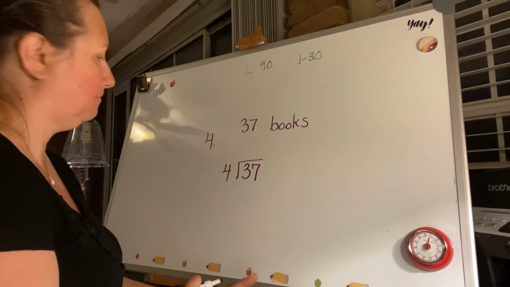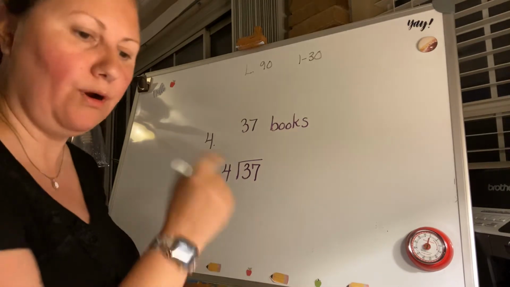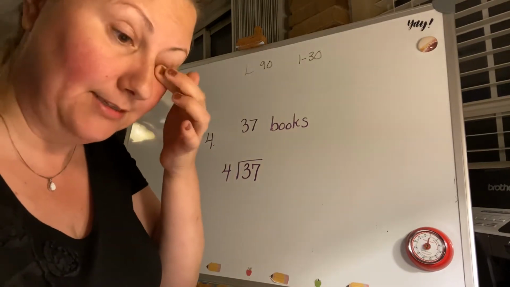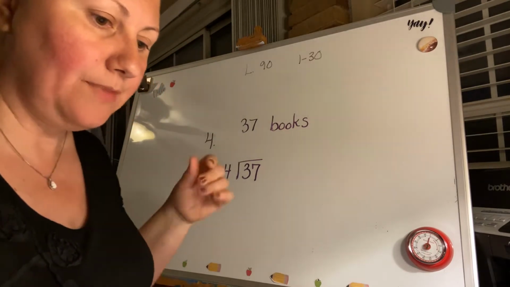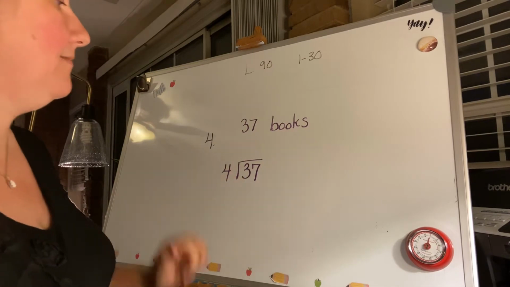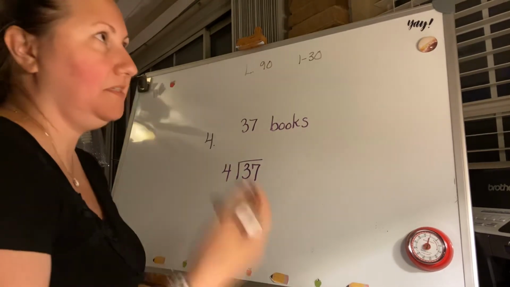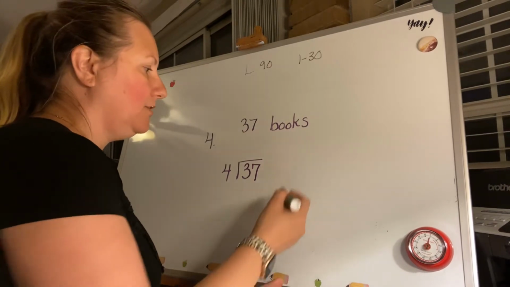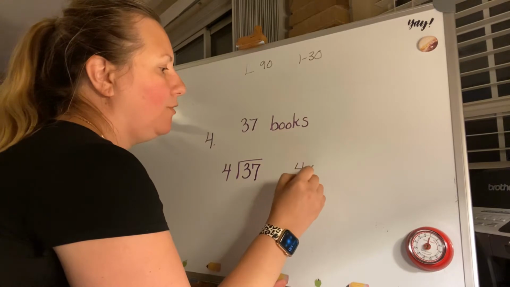Okay, and how many times does 4 go into 3? 4 doesn't go into 3 at all. So we think, well, how many times does 4 go into 37? Okay, let's see. Let's think about some of our multiplication facts. What about 4 times 7?